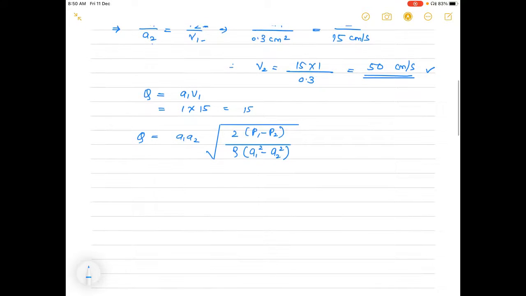Now in this equation we know all the terms except P1 minus P2, which we have to find out. So we will substitute all the terms which we know.